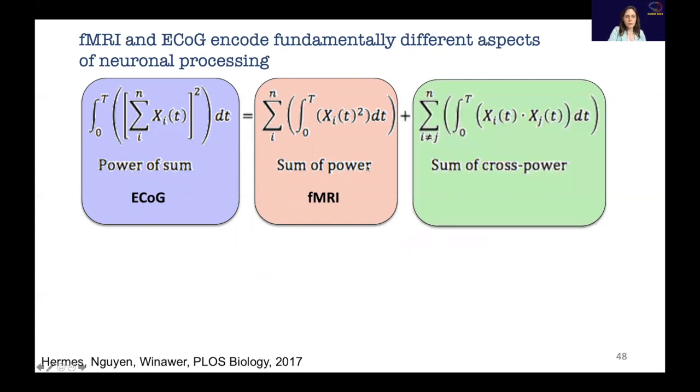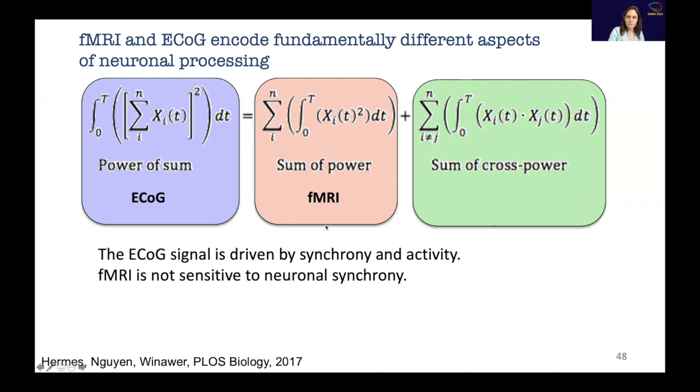And these two equations, the power of the sum and the sum of the power, are very nicely related in a mathematical way, because the power of the sum is equal to the sum of the power plus the sum of the cross power. The sum of the cross power is largely driven by the synchrony between neurons. And this shows how ECOG is driven by both synchrony and activity, whereas fMRI is not sensitive to neuronal synchrony. Whenever this green term is large, these two signals will differentiate.